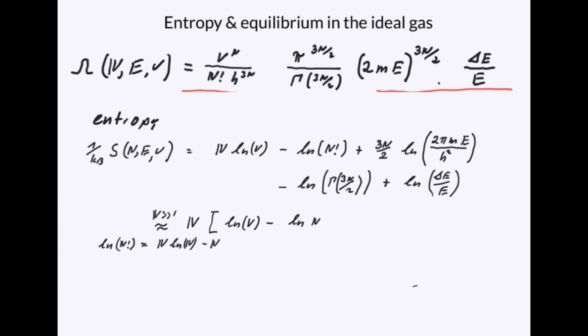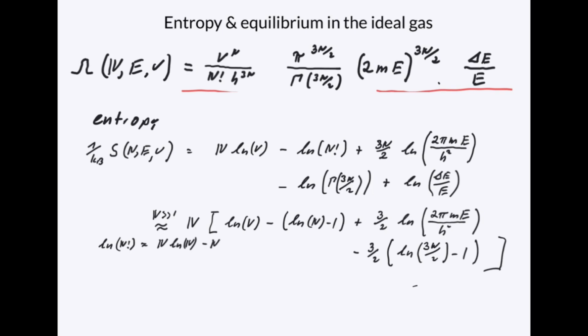Using those approximations, we obtain a simplified equation where N is a prefactor and we have terms of the logarithms. Also note that the last term in the previous equation, which contains delta E divided by E, is neglected since it does not scale with N, so it is small with respect to large N.